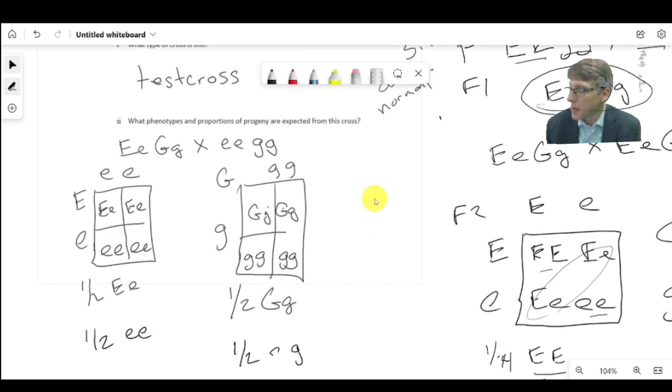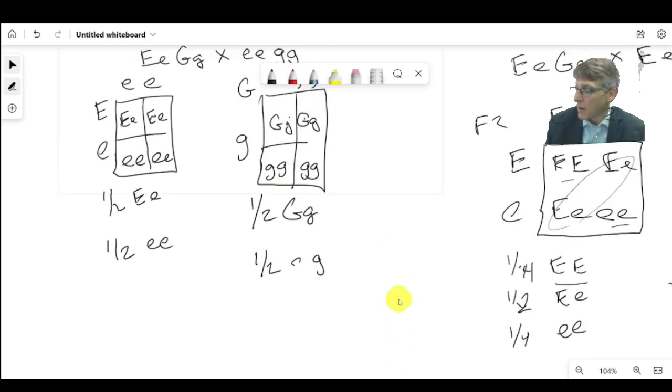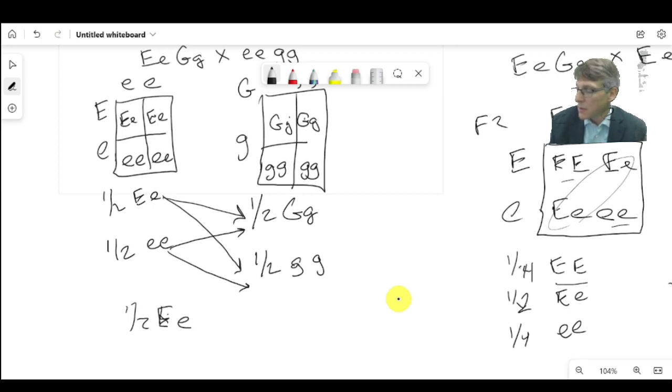And so when we combine these probabilities, okay, we have a 1/2 probability of our big E, little e, fertilizing our 1/2 big G, little g, which would equal 1/4.